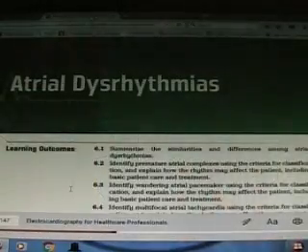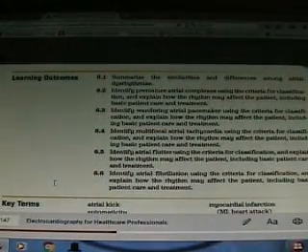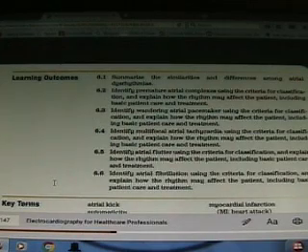So, we're going to look at the differences and how to tell them apart. Premature atrial complex, wandering atrial pacemaker, multifocal atrial tachycardia, atrial flutter, and atrial fibrillation.